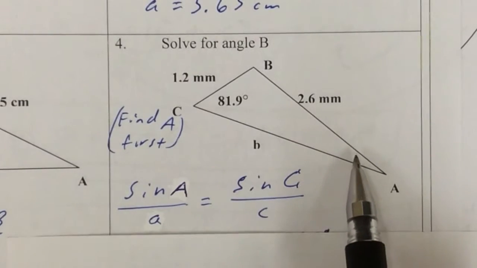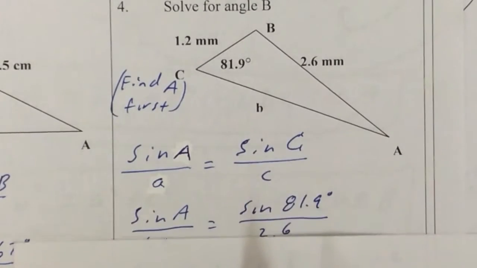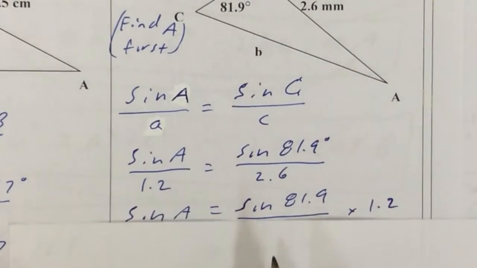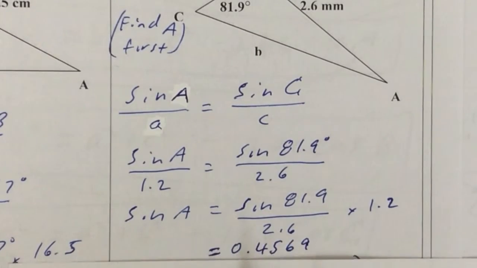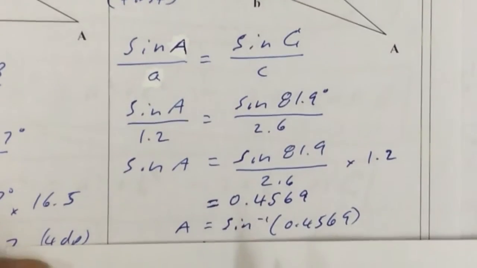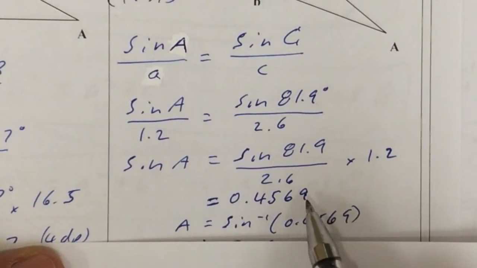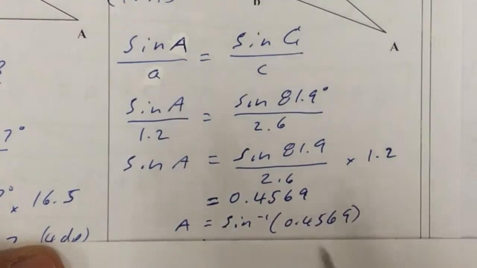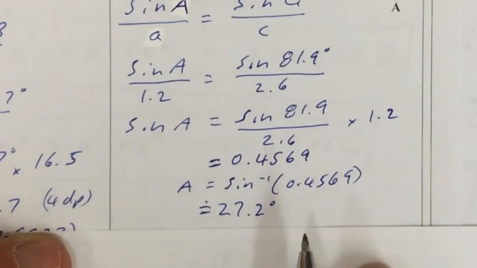So, sine of A over side A equals sine C over side C. Plug in the numbers, put it in your calculator, and then do sine inverse of that. Often I just keep that in my memory, or I keep it as the last calculation in my calculator, and then I just do inverse sine of that number, and it gives me the angle very accurately.